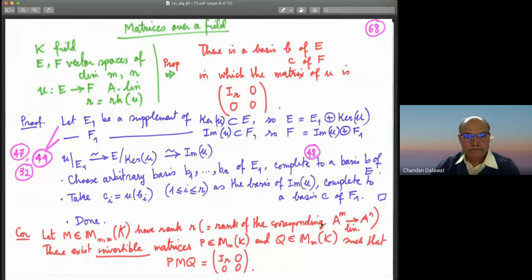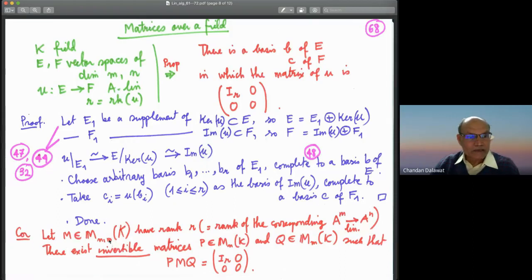So if I take a matrix of rank R, then there are invertible matrices P and Q of the appropriate size, because you cannot multiply an n by m matrix on the left and right by matrices of arbitrary size.